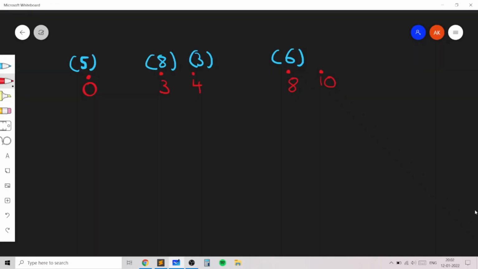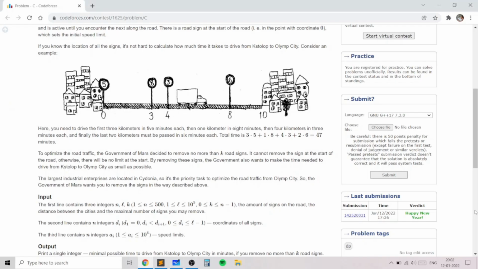So let's consider the first example where the length of the road is 10, and we have basically 4 checkpoints. The first checkpoint is over here, the second checkpoint is over here, third checkpoint is over here, and the fourth checkpoint is over here. So let's consider the simple case when k is 0. We basically can't remove any signs.